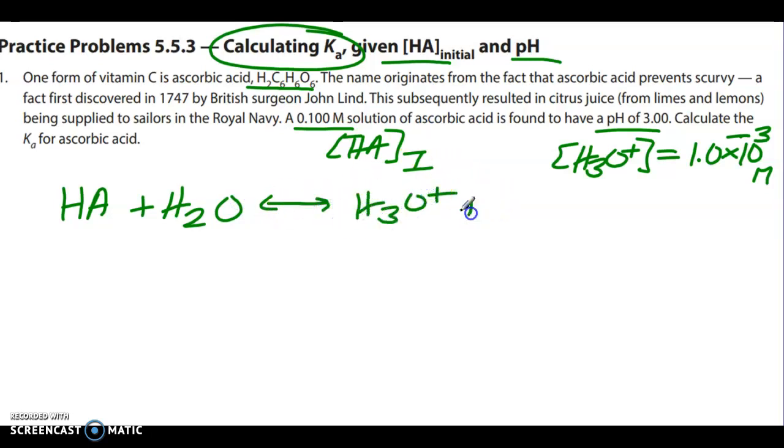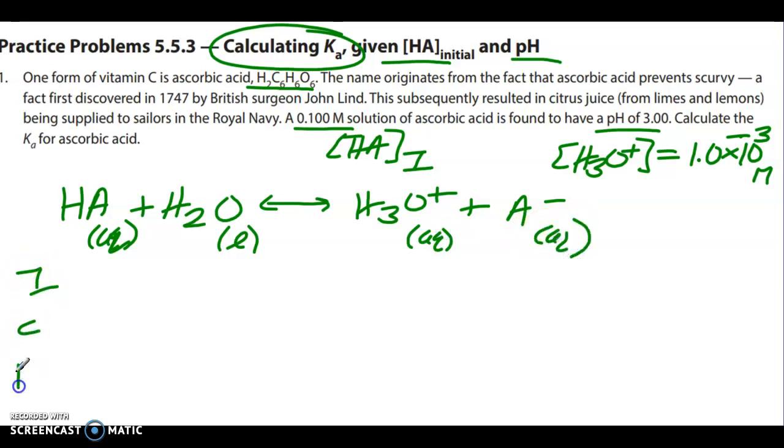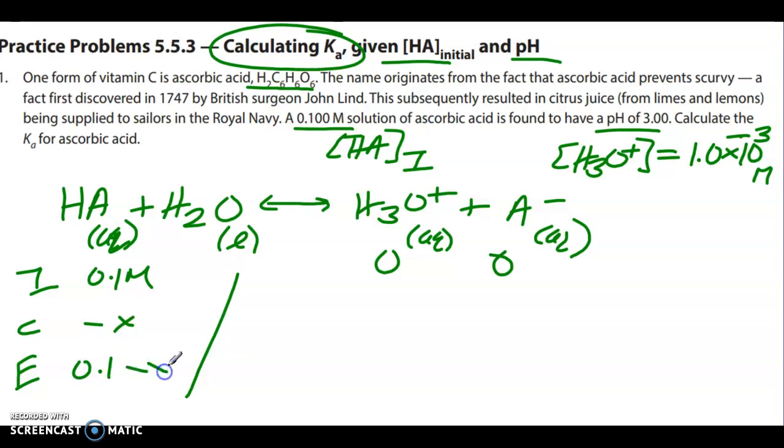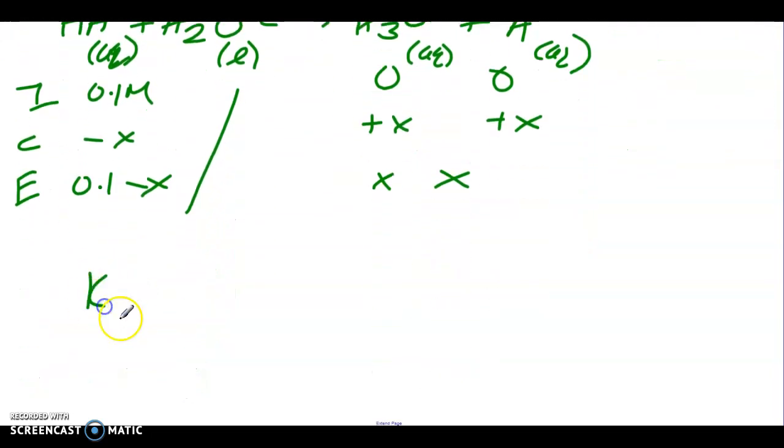Just a reminder of how to set this up: HA aqueous, and this one is liquid, then aqueous, aqueous. Our original here is 0.1, 0, 0, then minus x, plus x, plus x, so 0.1 minus x, x, x.